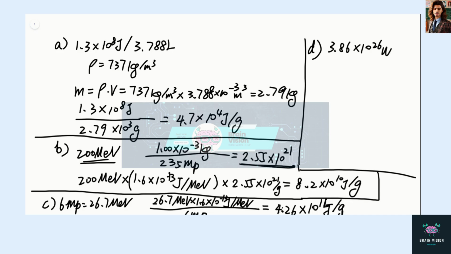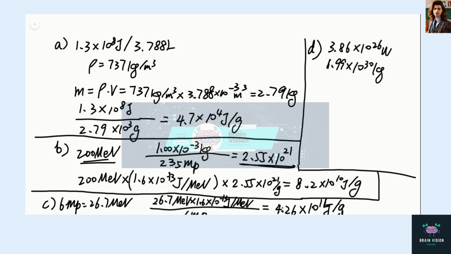We say that our sun produces energy at a rate of 3.86 times 10 to the 26 watt. And we're assuming that its mass of 1.99 times 10 to the 30 kilogram is all gasoline, which is not true. And then we ask, how long would it last if everything were actually gasoline?